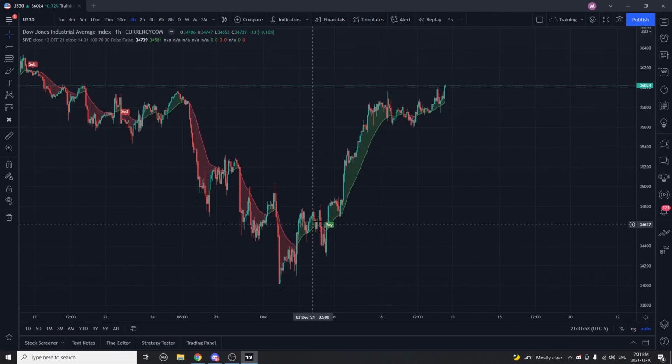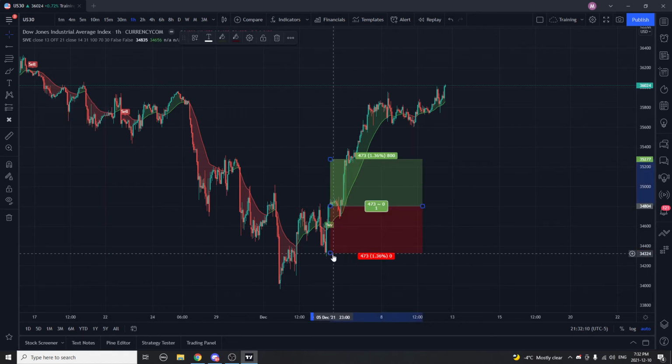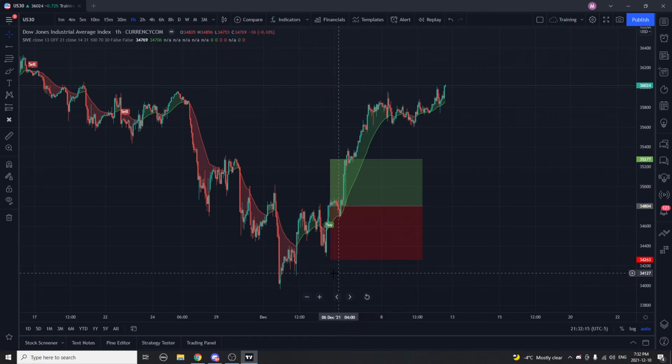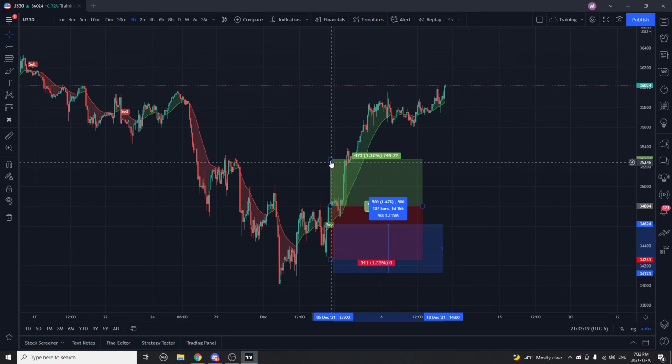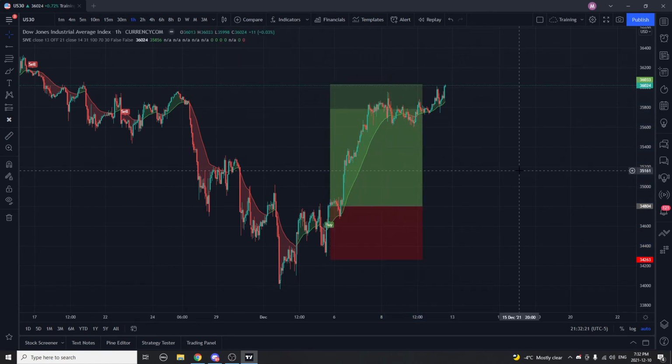Just automated. You could have taken this trade, get the notification to your phone. You could be in the middle of work, take 5 seconds, enter this trade, and then over the next 2-3 days, 4 days of you working, you're in profit.